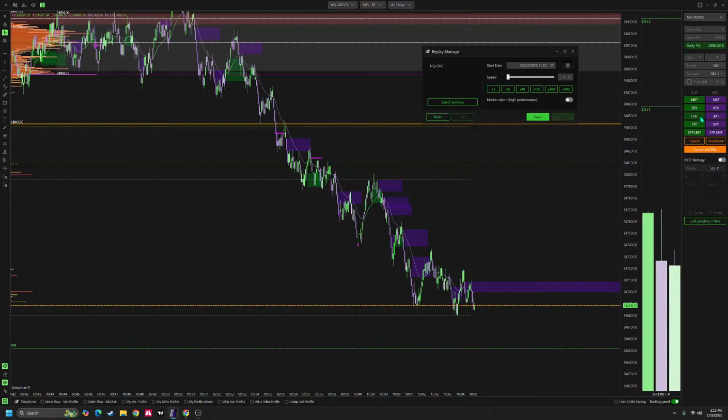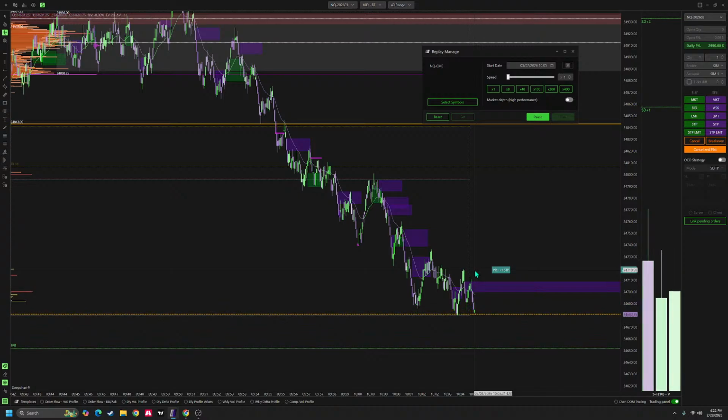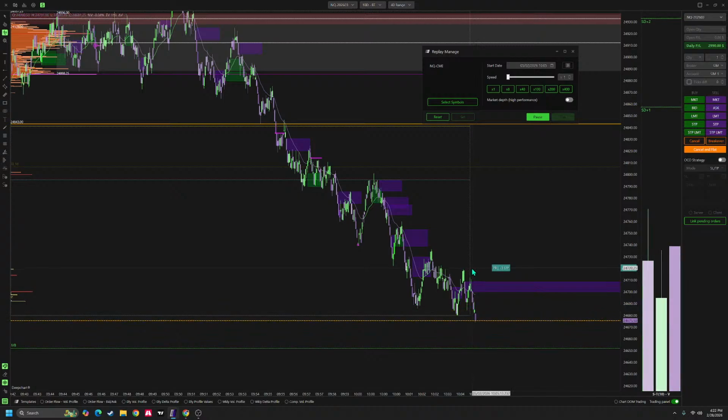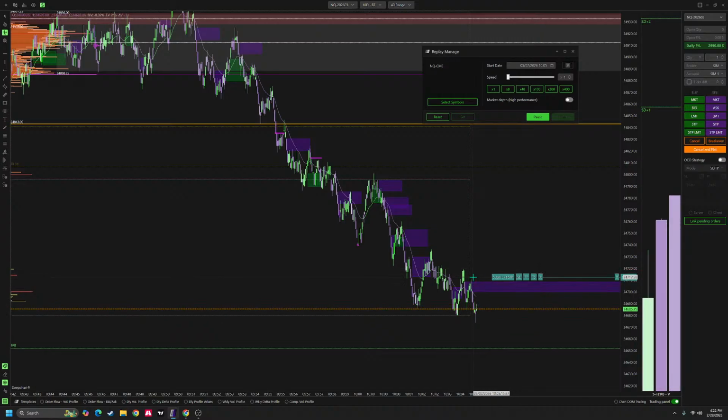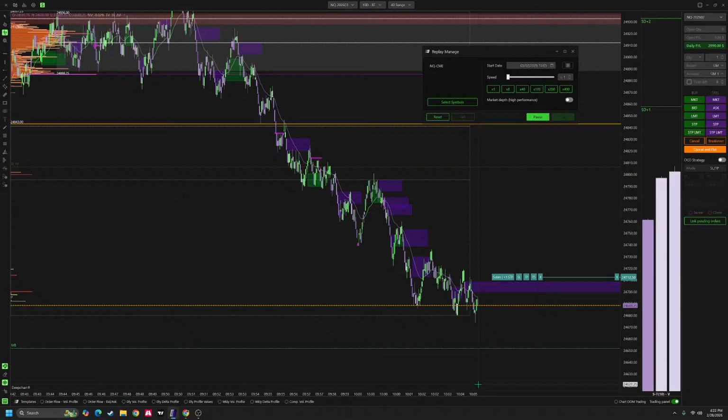We're going to put in a buy stop, a little different strategy here, just so we don't miss it. A buy stop from the top of this wick.